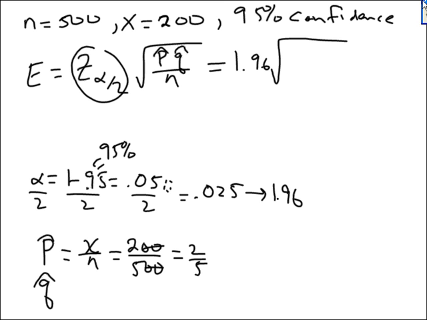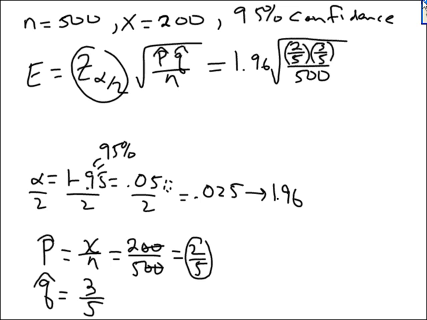So therefore q hat, well, if you have success 2 out of 5 times, you must fail 3 out of 5 times. So p is 2/5, q is 3/5, and n is 500.